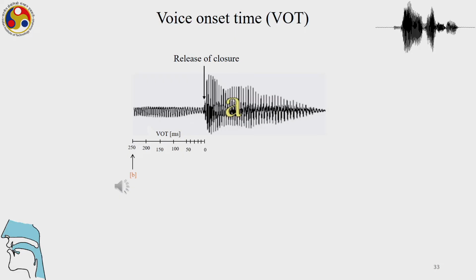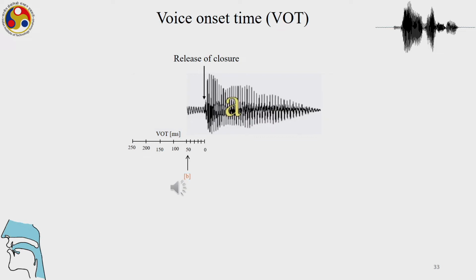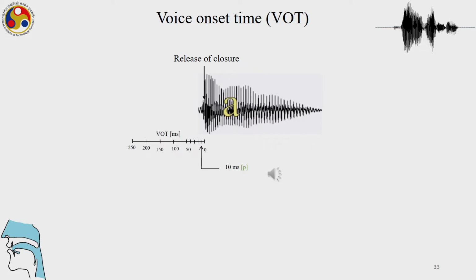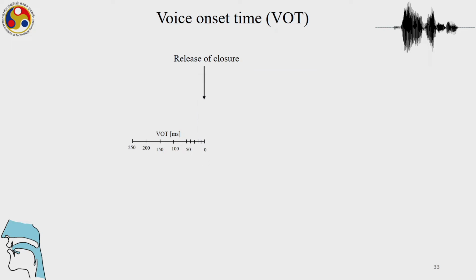So, we just talked about voice onset time. What we want to show here is voice onset time. So, you will hear three sounds. Now, in this diagram, let us explain this diagram a bit more.